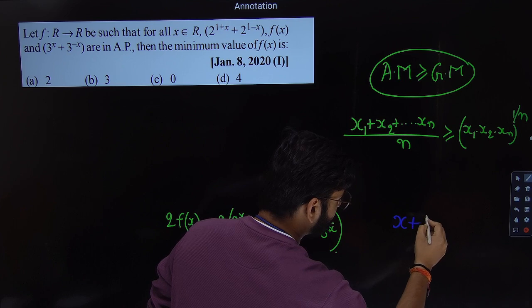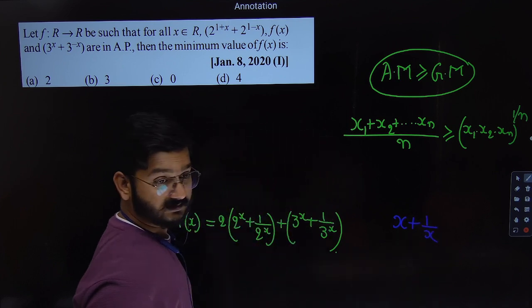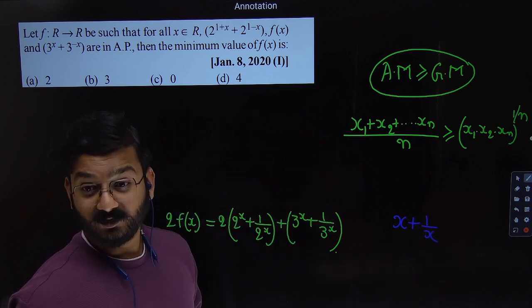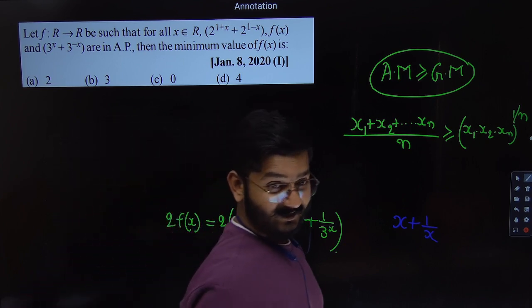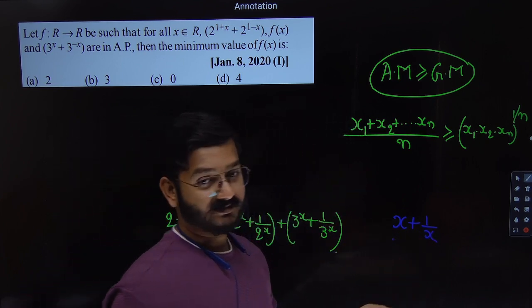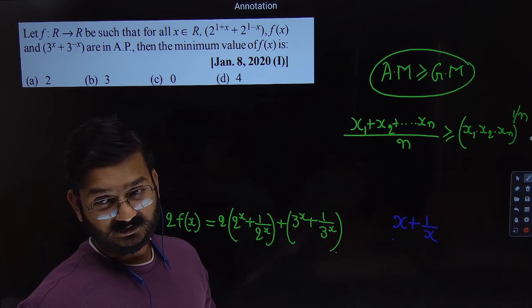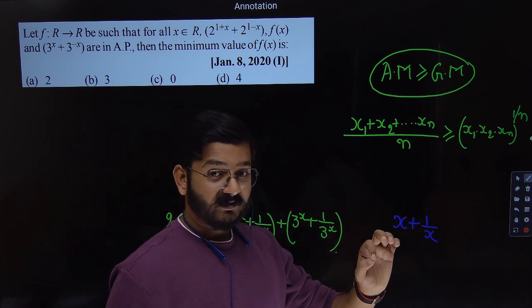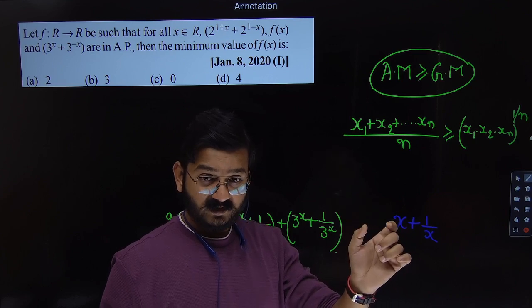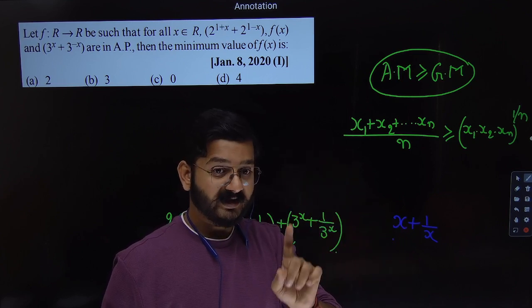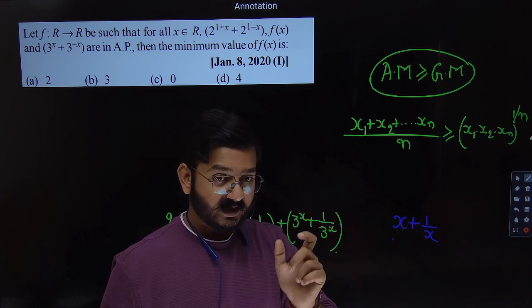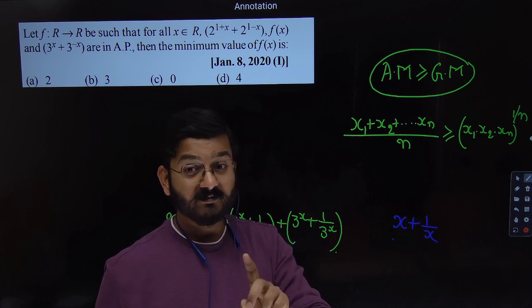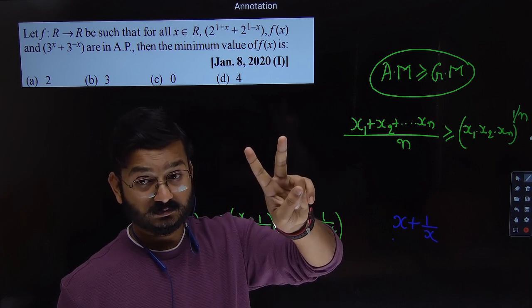The minimum value of x plus 1 by x is how much? What is the minimum value of x plus 1 by x? 2. We have done this in the notes also in AOD. The minimum value of a number plus its reciprocal, and the number should be positive, is 2.